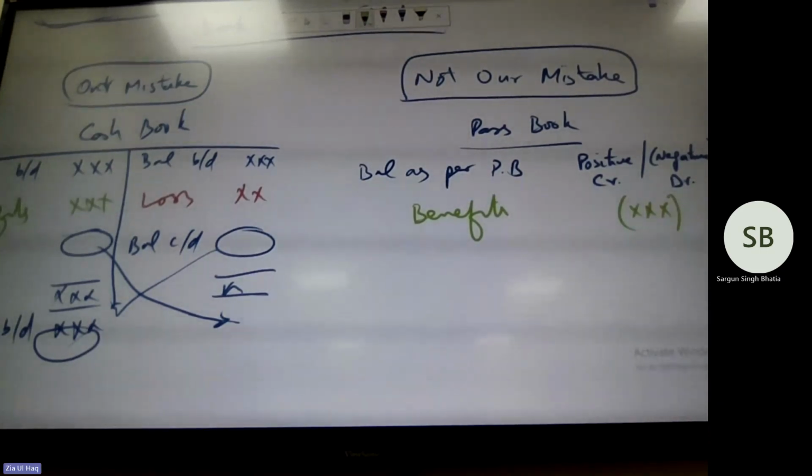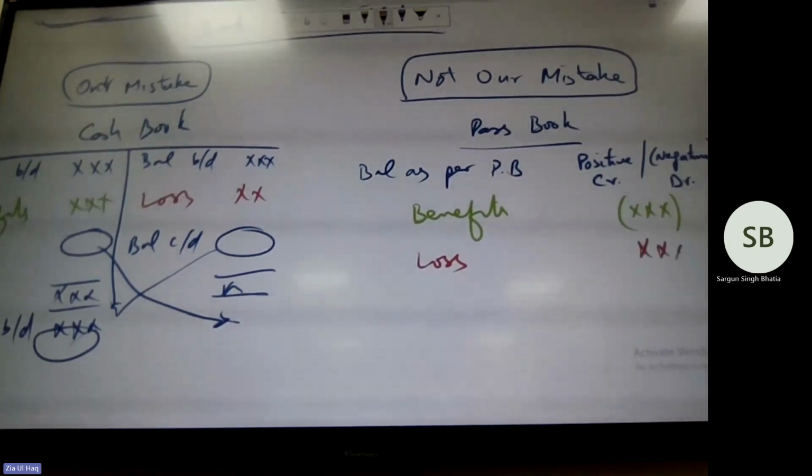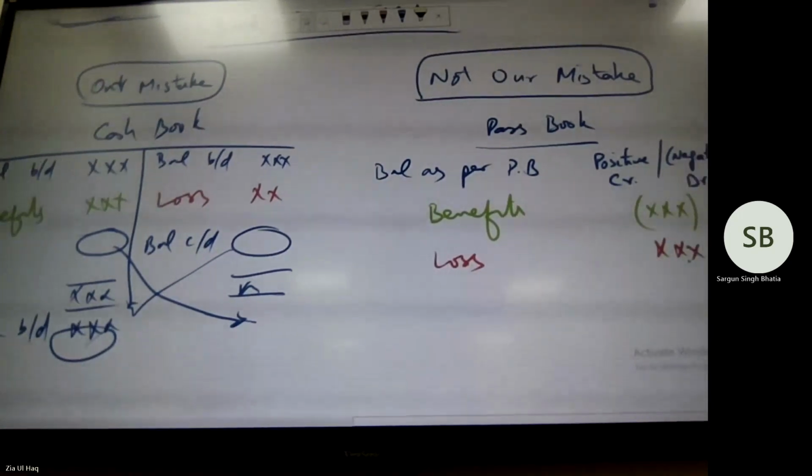Normally benefits are positive, but relating to passbook, the benefits will be considered as negative and the loss will be considered as positive. Means reversal of cash book.